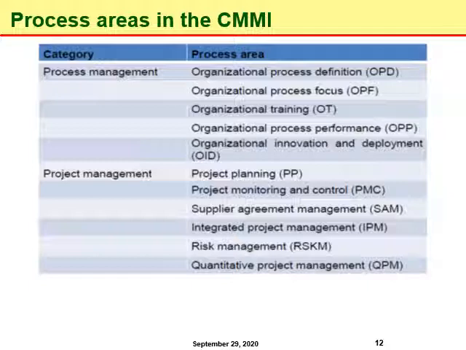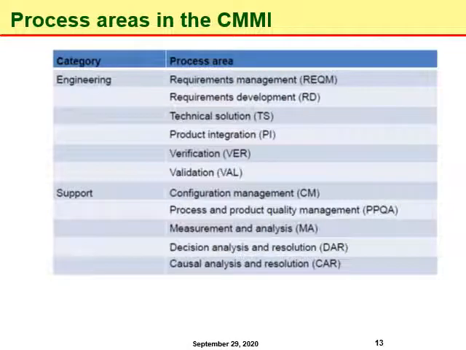Similarly, the second category is project management, and the key process areas related to this are project planning, project monitoring and control, supplier agreement management, integrated project management, risk management, quantitative project management.